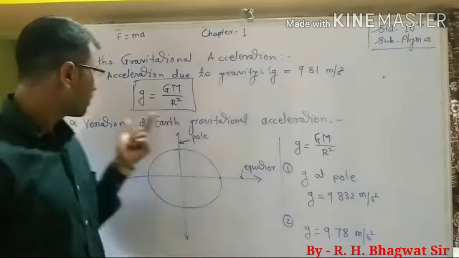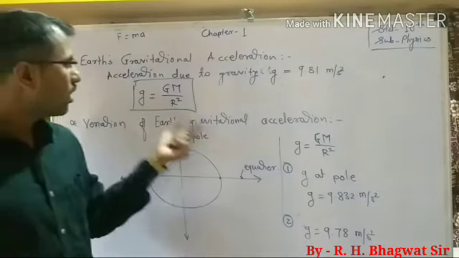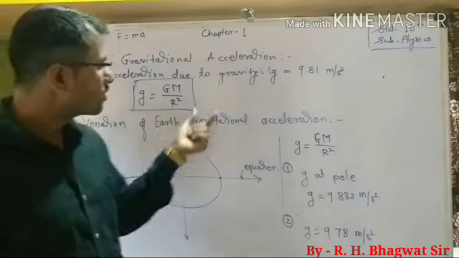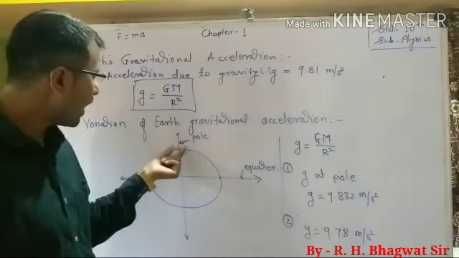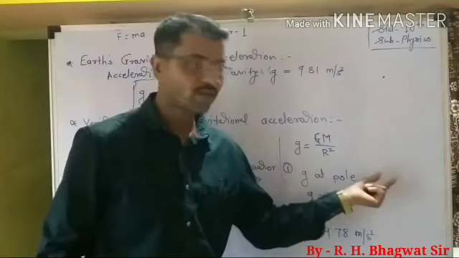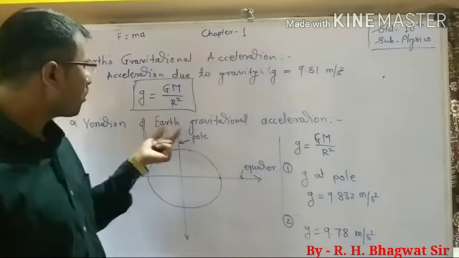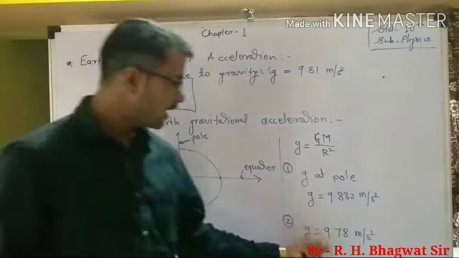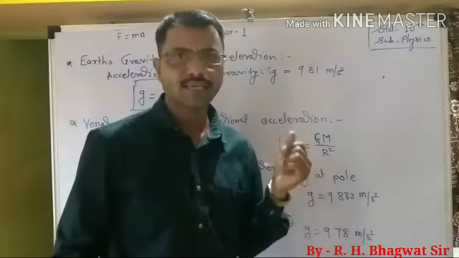Therefore, the variation of Earth's gravitational acceleration is that its value is maximum at the pole, which is 9.832 meters per second square, whereas it is minimum at the equator, which is 9.78 meters per second square.